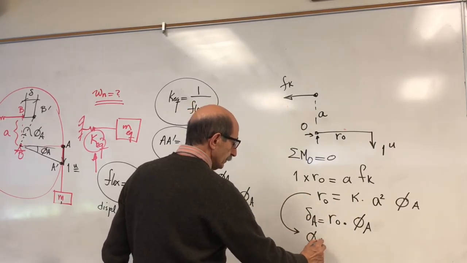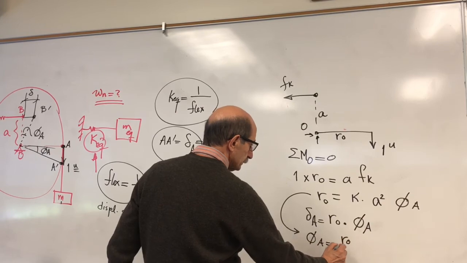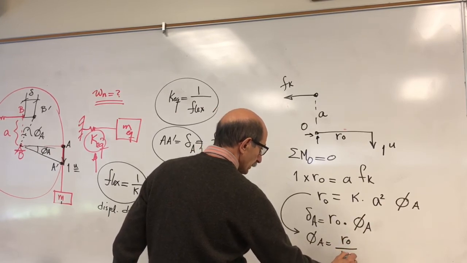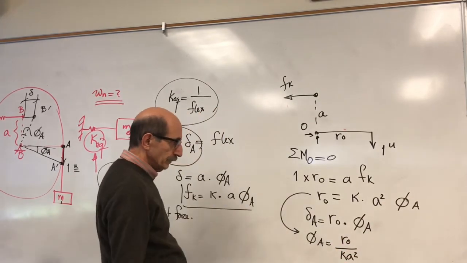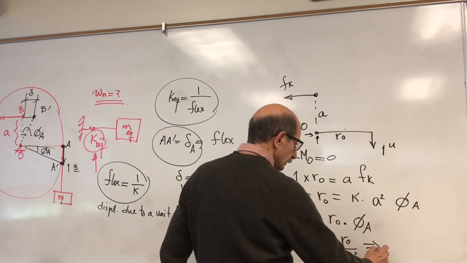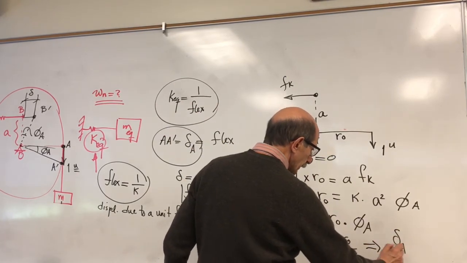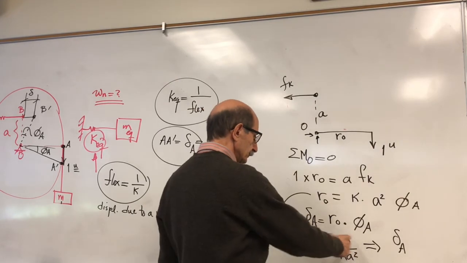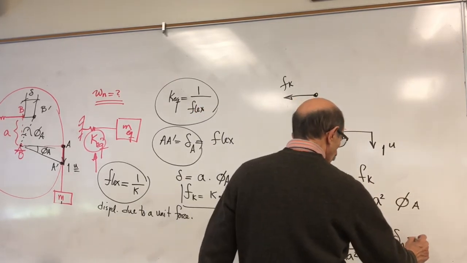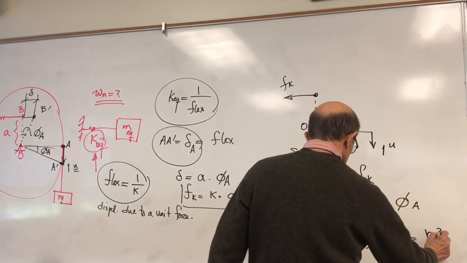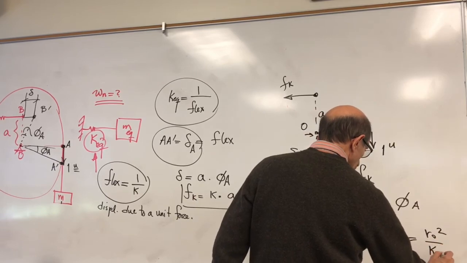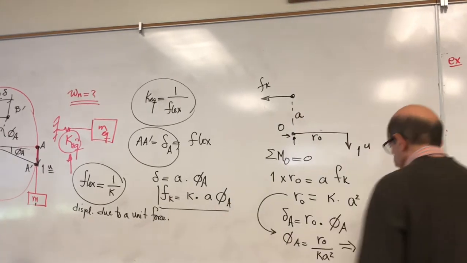Phi of A is R naught divided by K A squared, right? Therefore, delta A, which is what I want, is R naught squared divided by K A squared, right?